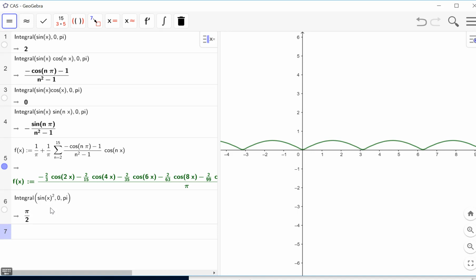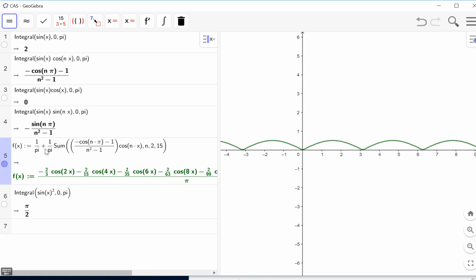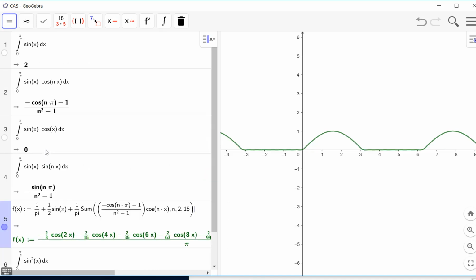So I need to go back up to my sum formula and add in a 1/2 of sine x. There we go. That fixed it. The B1 term is the only one that survived, right?